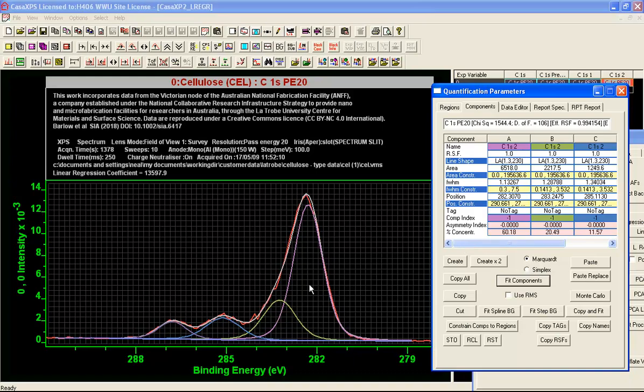So we end up with a peak model that looks like we've got some kind of contamination that represents various forms of carbon bonded to oxygen, and various permutations of that.